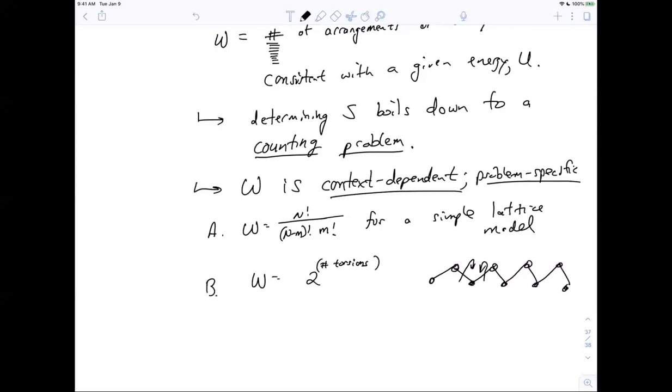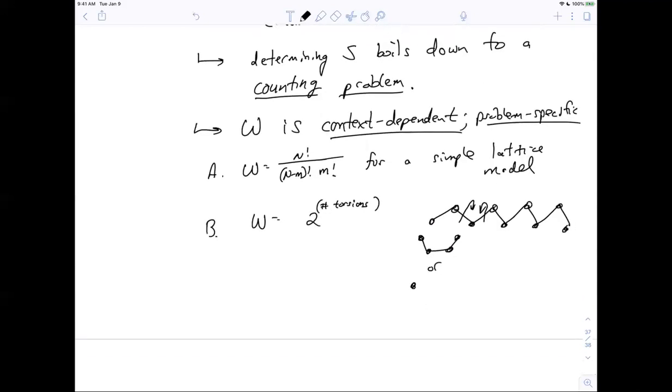And we see here that if each torsion can only have a cis or a trans, meaning across the torsion bond you can have this kind of arrangement or this kind of arrangement, and you can flip the other one, it doesn't really matter. You see here that that's where the 2 comes from. So the 2 is because of this, and then you just raise that to the power of the number of torsions and you would get W.